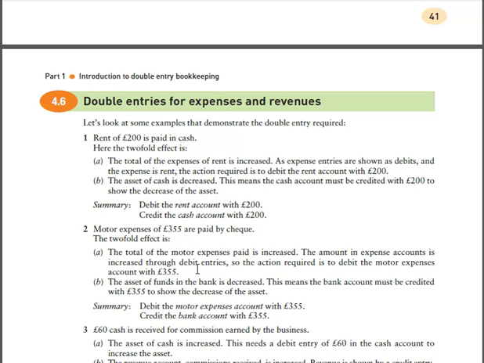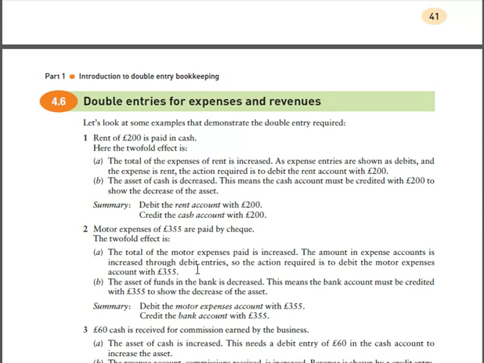Rent is an expense which has to be paid, and because it's paid in cash, the other account affected would be cash. So there would be an increase in rent and a decrease in cash. Rent is an expense, so to increase an expense account, it has to be debited. Cash is an asset account, and if it's decreasing, it has to be credited. So debit rent by 200 and credit cash by 200.